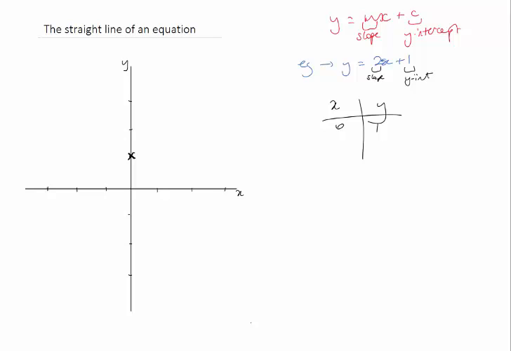And then we could use just our slope to add another point on the graph. So we know that for every one space we go forward on the x, so I forgot to put any numbers on here as well. 1, 2, 3, minus 1, minus 2.